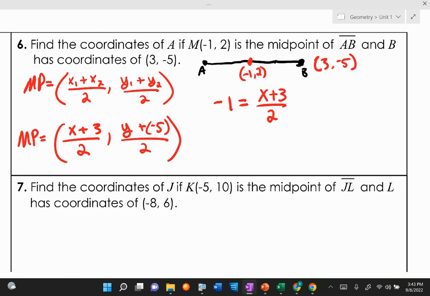Which also means that you're going to set the y portion equal to what? Good. Now you are solving for x on the left and solving for y on the right.